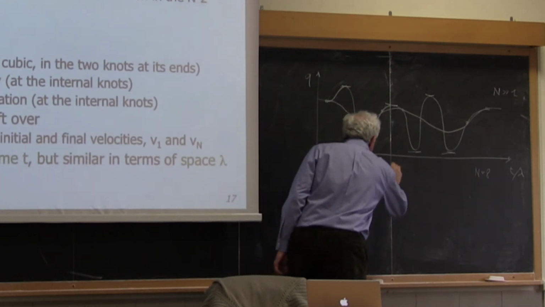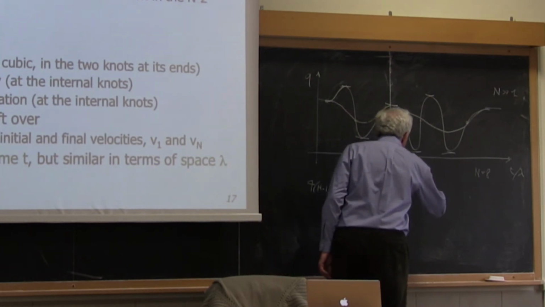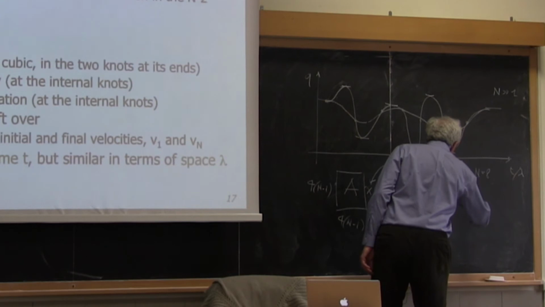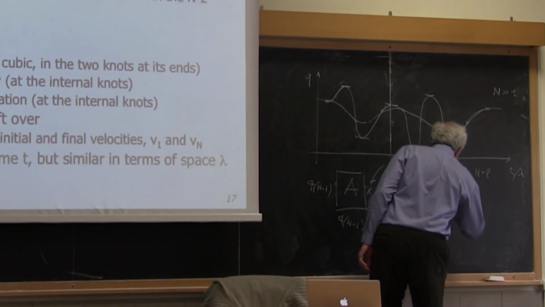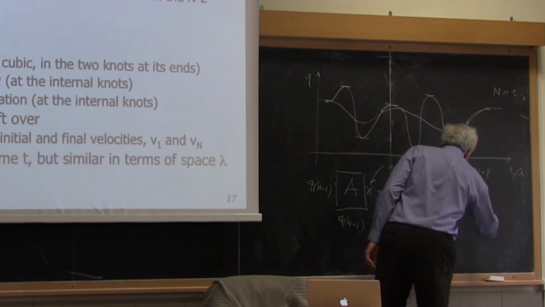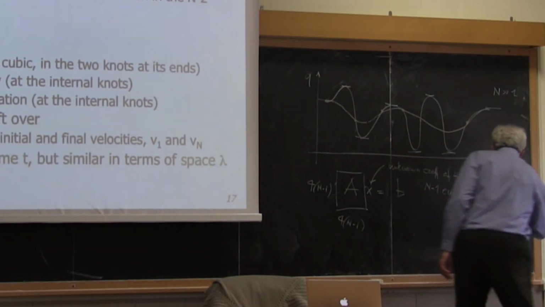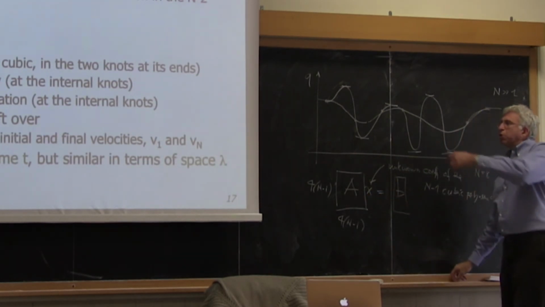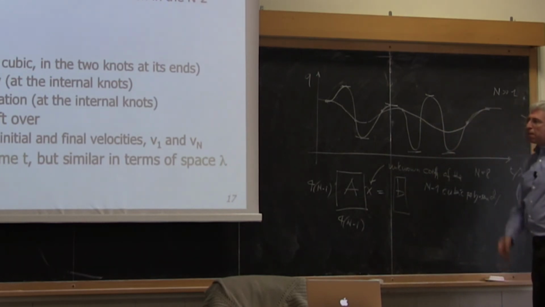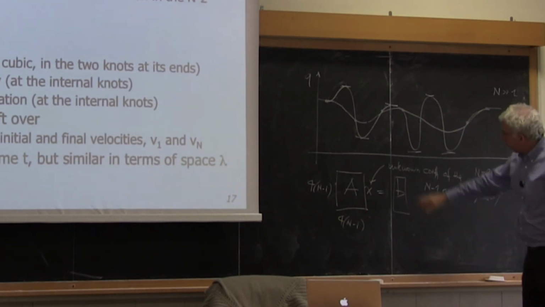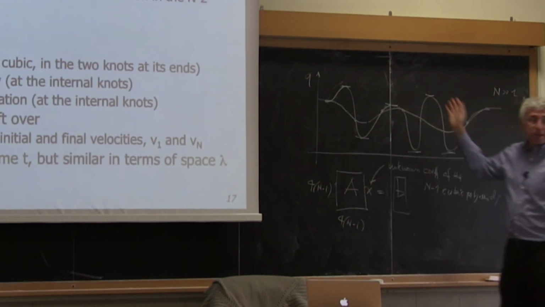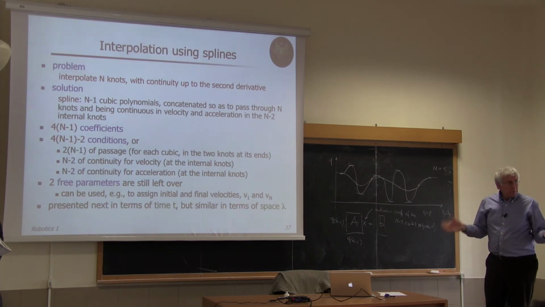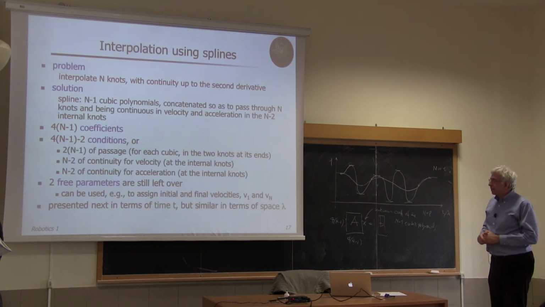These are the unknown coefficients of the n minus 1 cubic polynomials. And in A and b, you put all the possible numbers that come from imposing the conditions and the data, so the values of the interpolating points and the initial and final velocity values. They could be 0 or not, so all data are there.